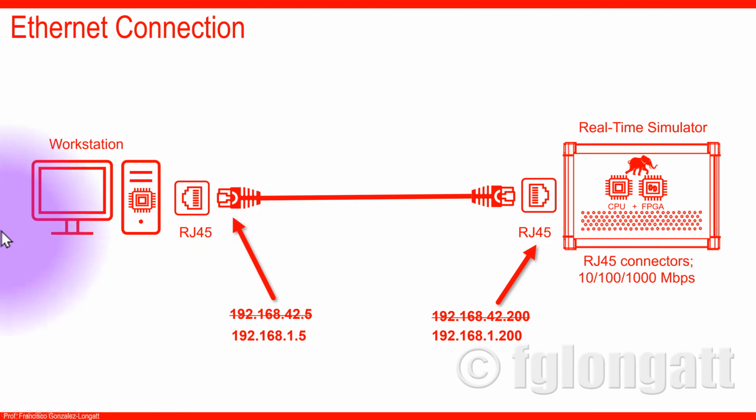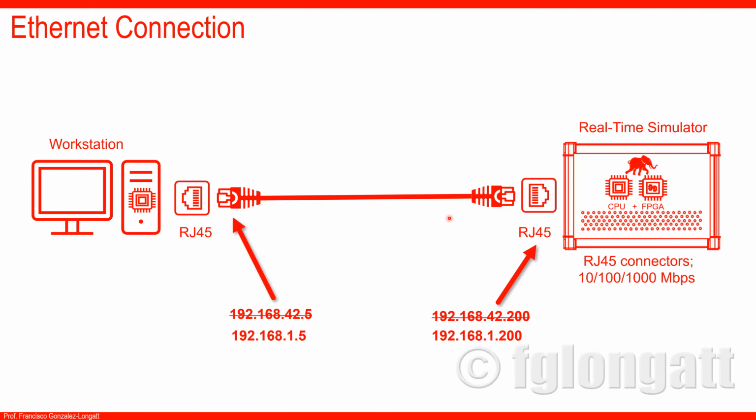In my previous video, if you remember, I connected the workstation, a personal laptop using Windows 10, directly to the real-time simulator, the HIL604, using a classical Ethernet cable and using the RJ45 connectors, okay?